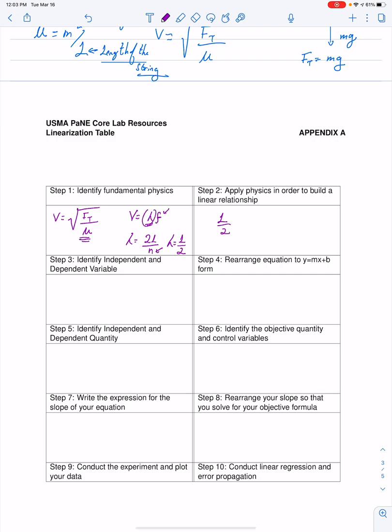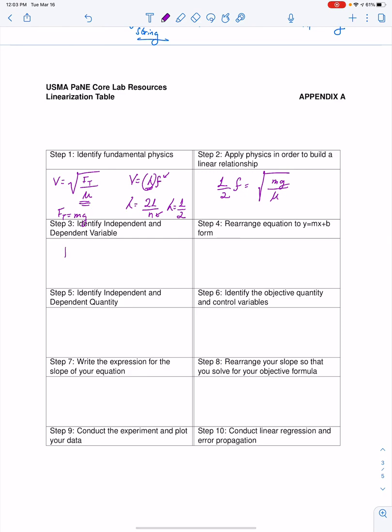Because this is where the wavelength is, times the frequency equals the square root of the force of tension, which, by the way, the force of tension is also equal to mass times gravity, over the linear density. Now, as we spoke of before, the dependent variable is the frequency. The independent variable is going to be the mass that you change in order to continue to have those 4 nodes. Okay?